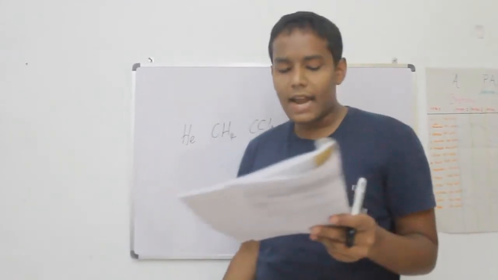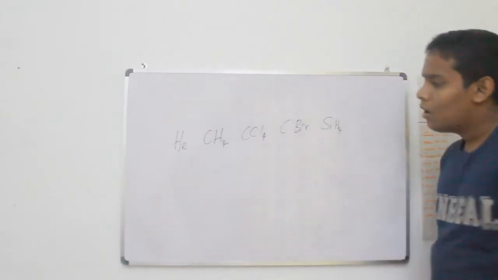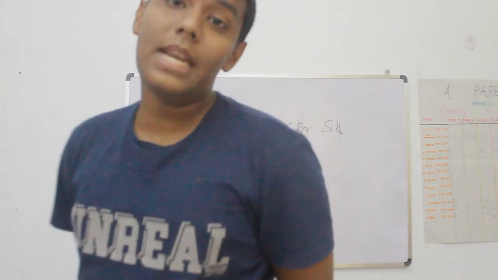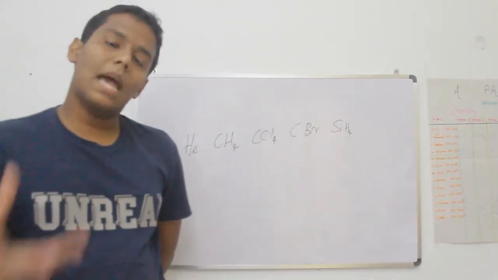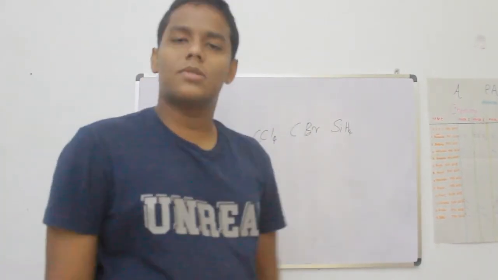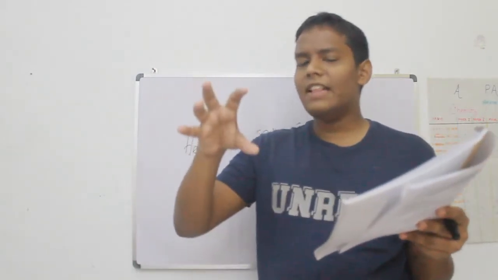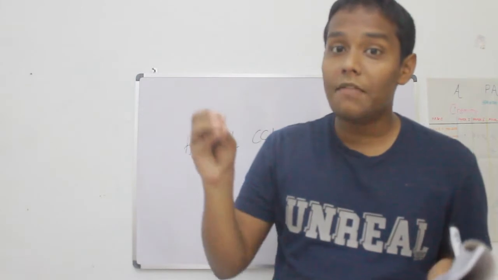So if you look at these 5 compounds, all of them have London forces as their predominant type of secondary intermolecular attractions. So now we have identified the type of intermolecular attractions. Now we have to identify the strength.